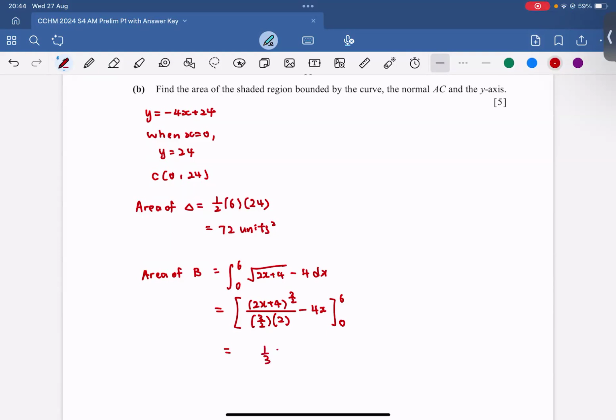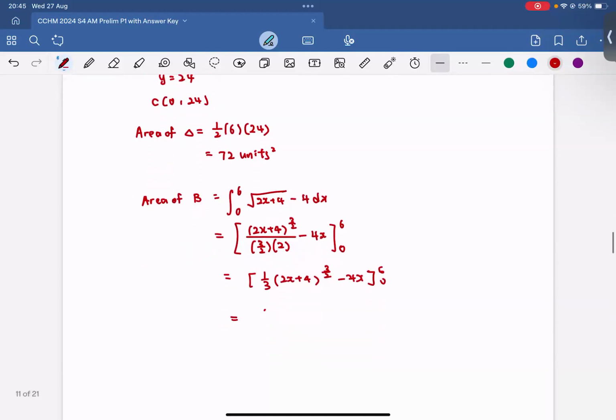We have 1/3 (2x plus 4) to the power of 3 over 2 minus 4x. Now we sub the value in. Sub 6 inside will be 1/3 times 16 to the power 3 over 2, which is 64, minus 24, minus, when we put 0 inside, you get 8 over 3.